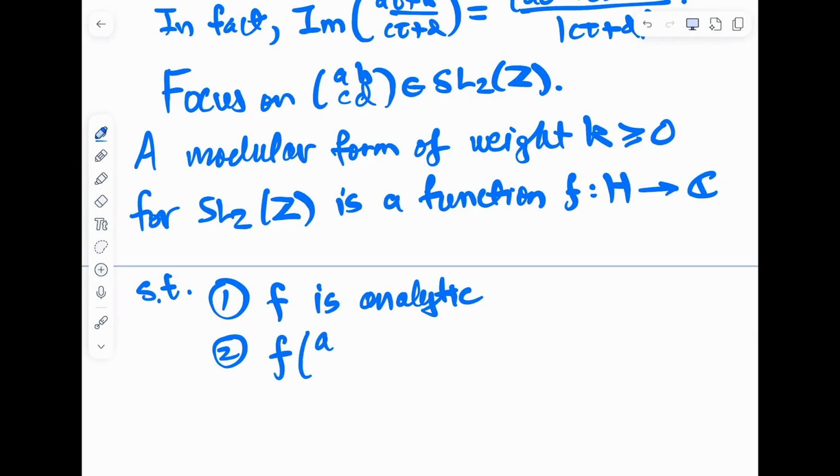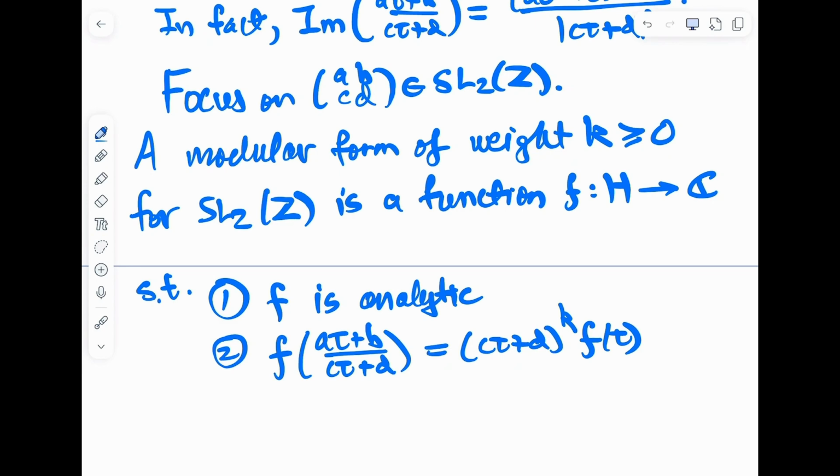Its effect under changing tau to (A tau plus B) over (C tau plus D) is to affect the value by the kth power. And this is supposed to hold for all matrices in SL2Z. I do mean SL2Z in this case, for sure.